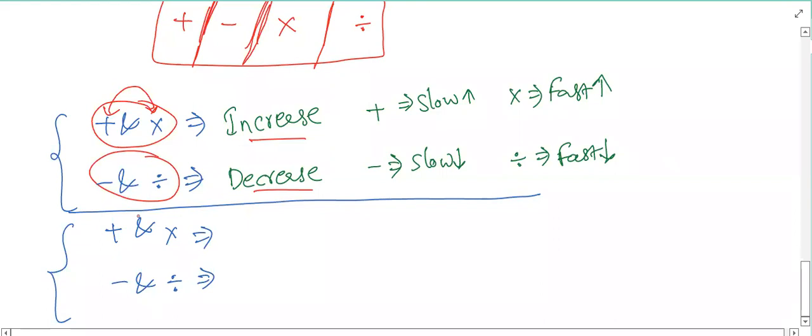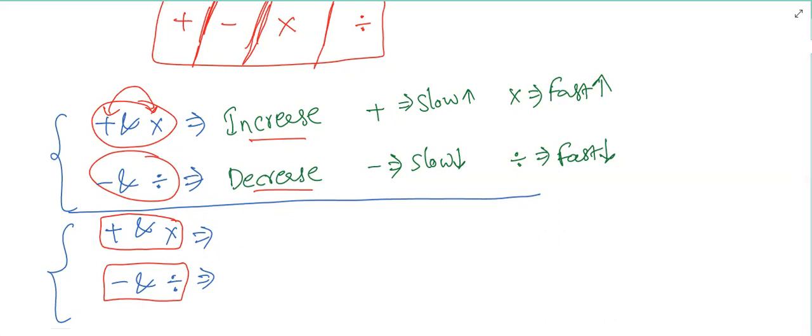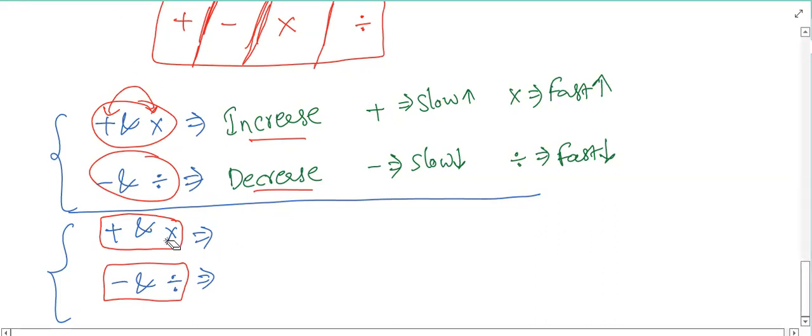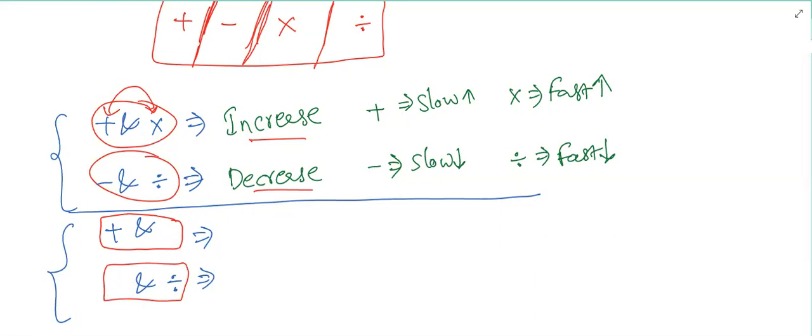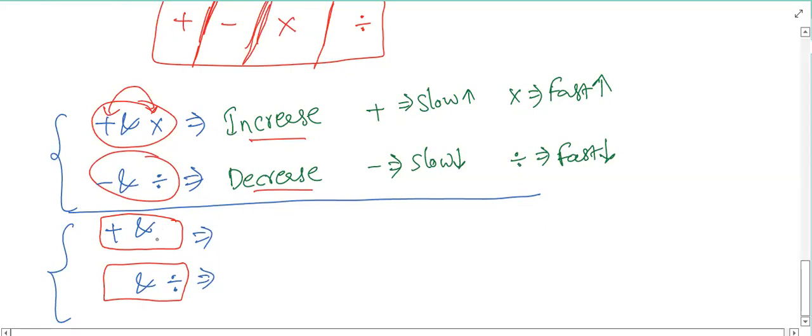And I asked you in the next class, you need to tell the categorization, how we have categorized these two. What is the point behind these two categories? Sir, because of addition and multiplication, the number increases, and because of subtraction and division, it decreases.